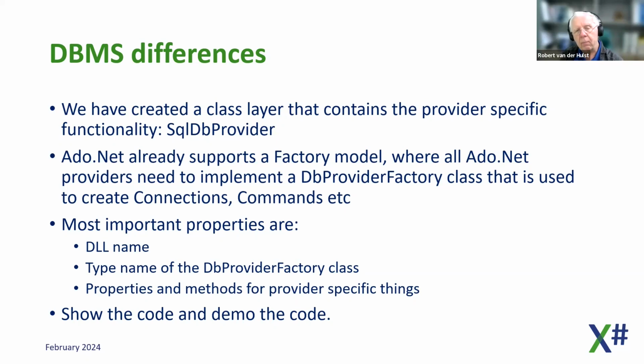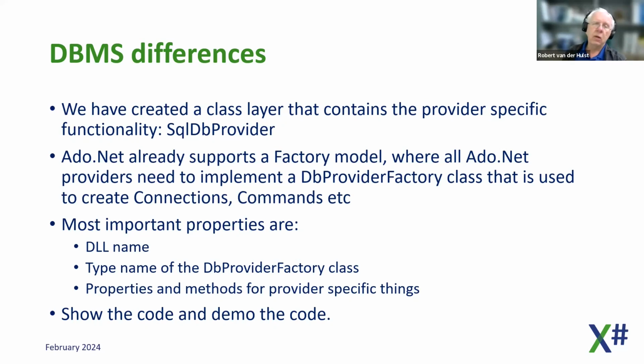Like I said before, ADO.NET already has different databases support, and what they have defined in ADO.NET is that someone who provides an ADO.NET data provider needs to have a special class, what's called a DB provider factory class. And that DB provider factory class can be specific for Oracle, Postgres, SQL Server, and it has methods to create connection objects, command objects, etc. This is our entry into the provider-specific DLL.